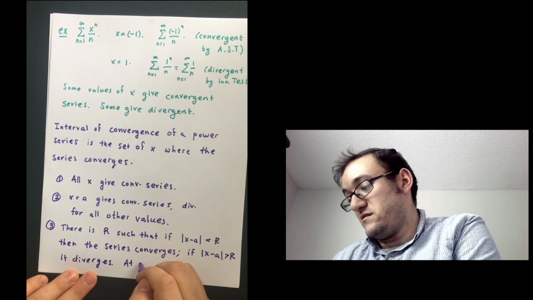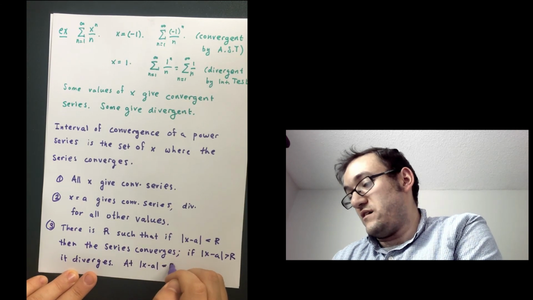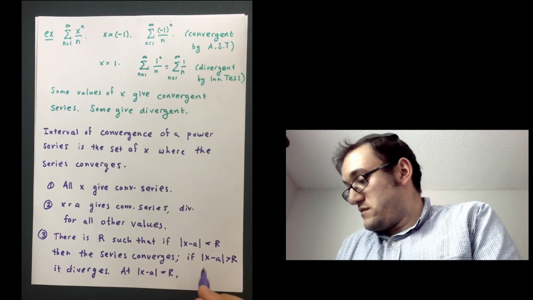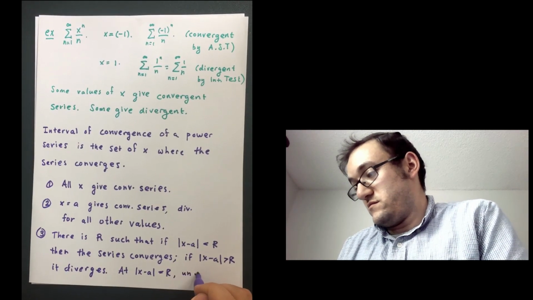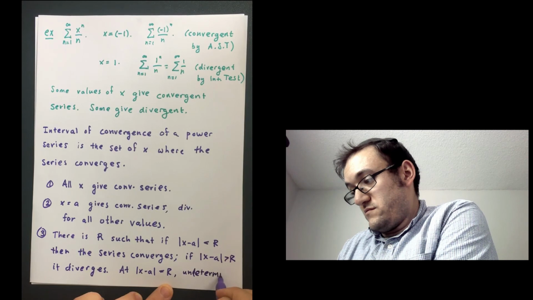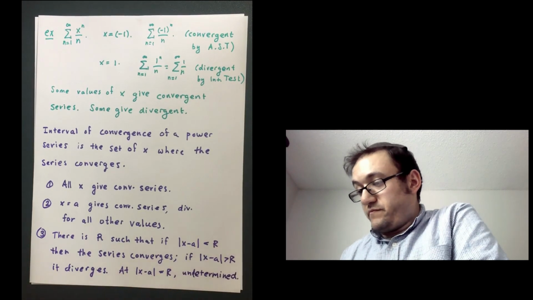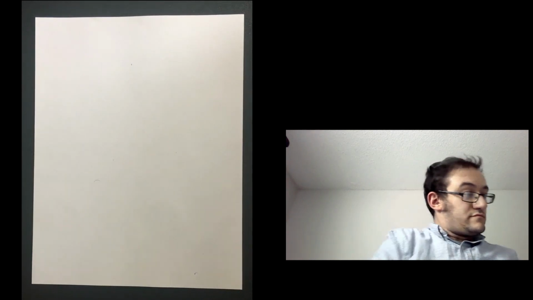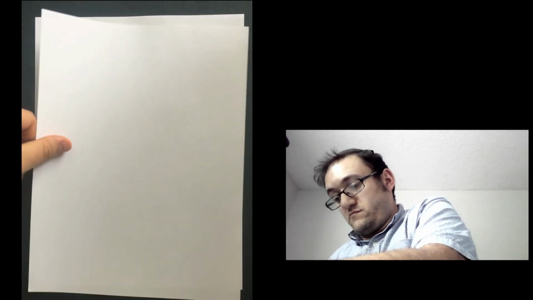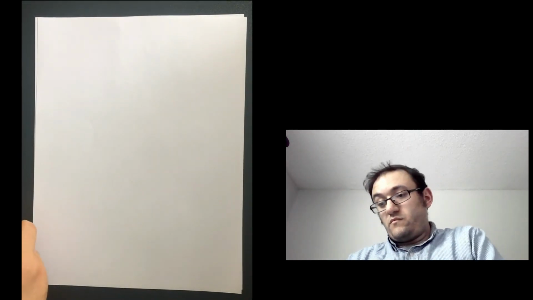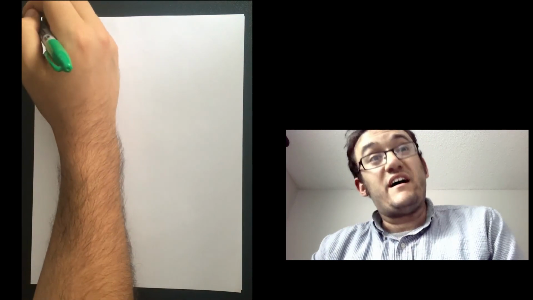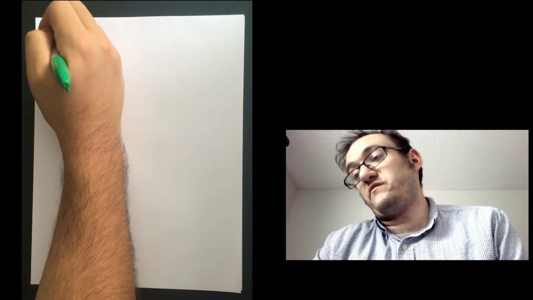And at x minus a equals r, undetermined. The value r is called the radius of convergence.